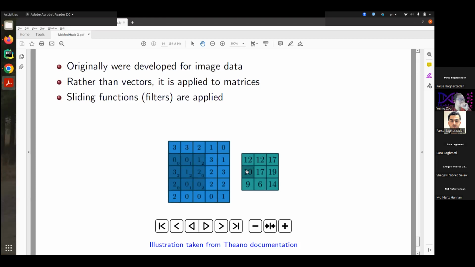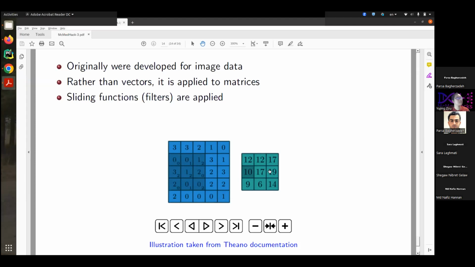Okay, so this sliding function allows us to have an abstraction and another representation of this matrix. Then we can apply another filter over this, and further abstract our input, turn it into a vector later, and then use it to classify our image.